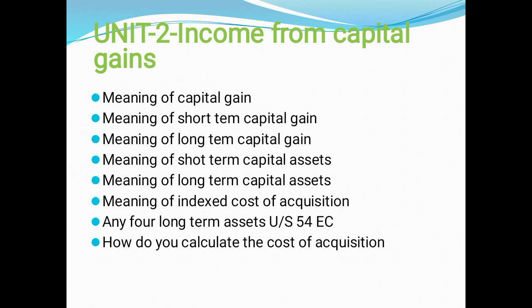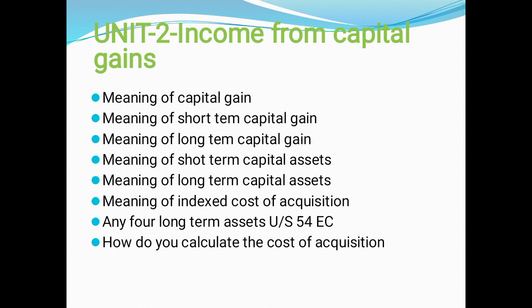So here you have to write the meaning, and another one they may ask is any 4 long-term assets under section 54EC. In 54EC we have many long-term assets which we consider when we are calculating income from capital gains. And finally, how do you calculate the cost of acquisition?